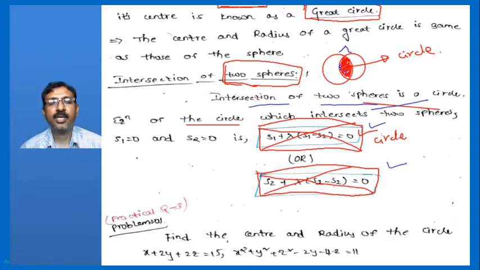The equation of this circle is S1 equal to 0 and S1 minus S2 equal to 0.